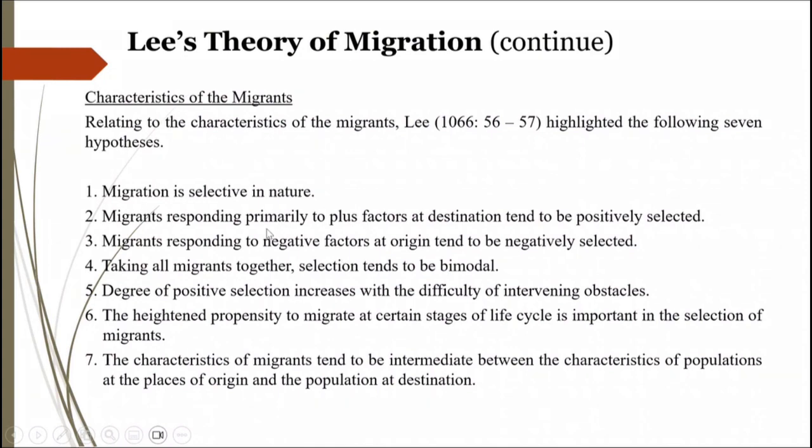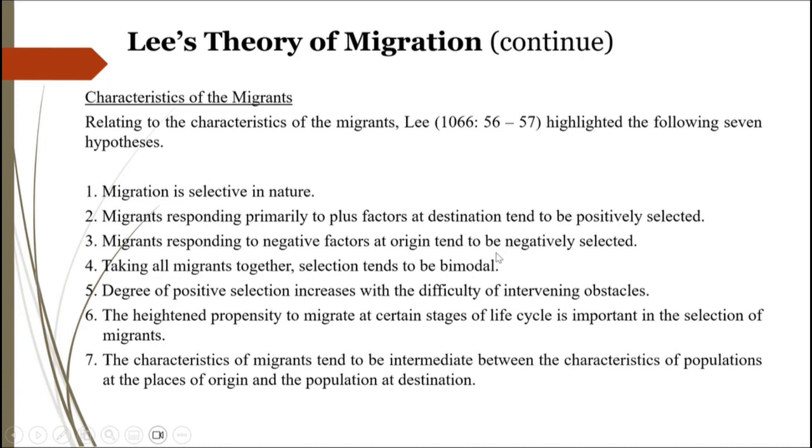Okay, what do you mean? Migrants responding to plus factors at the destination tend to be positively selected. For example, if you migrate to Singapore because you think Singapore offers higher salary and better job prospects, you are positively selected. Those migrants are usually educated, skilled workers, so they tend to be positively selected.